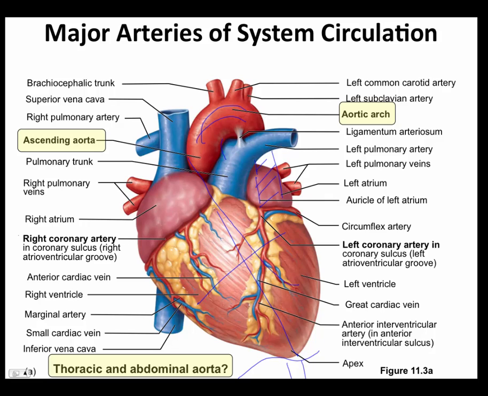We have that right coronary artery, and we have the left coronary artery. So that's going to come right off of here. And those are the only arteries that stem off your ascending aorta. So ascending aorta, we have the right and left coronary arteries.